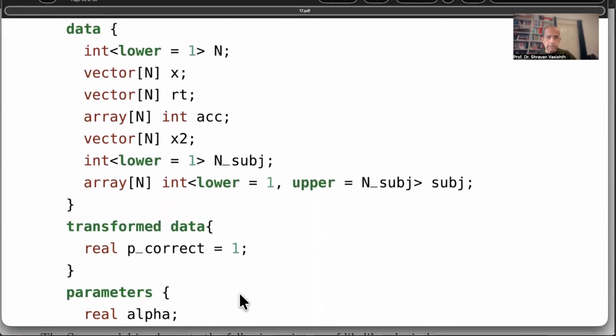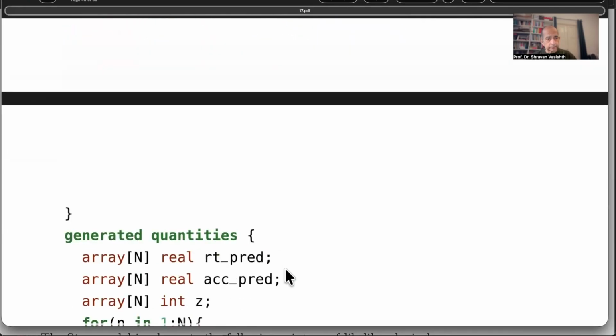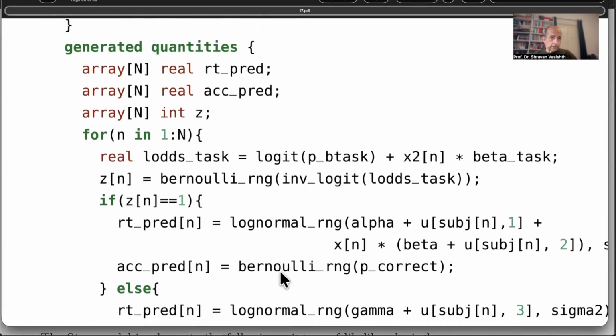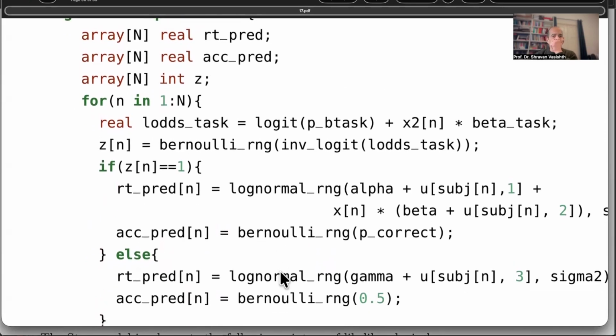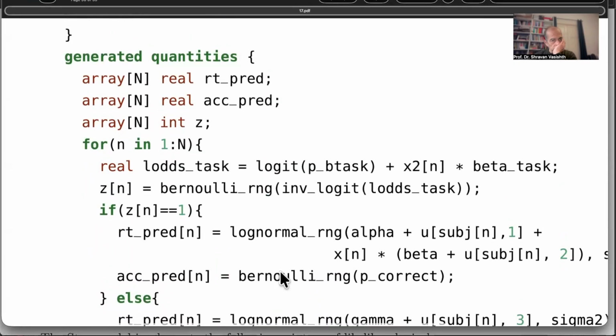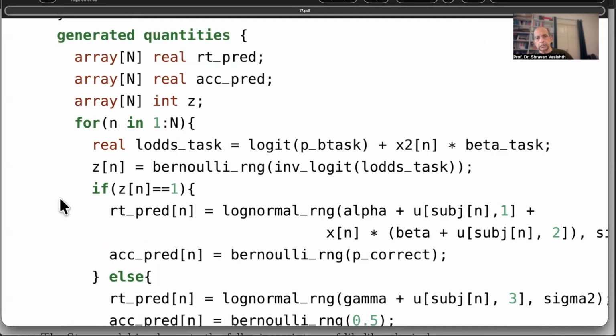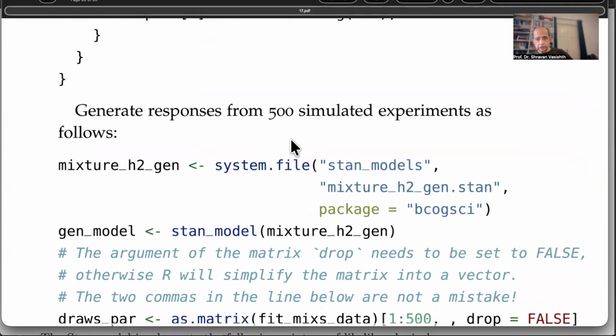And the way that works is that you define your model, right? In the usual way, you generate some posterior predicted data here, and then now we can generate responses from 500 simulated experiments in the following way.